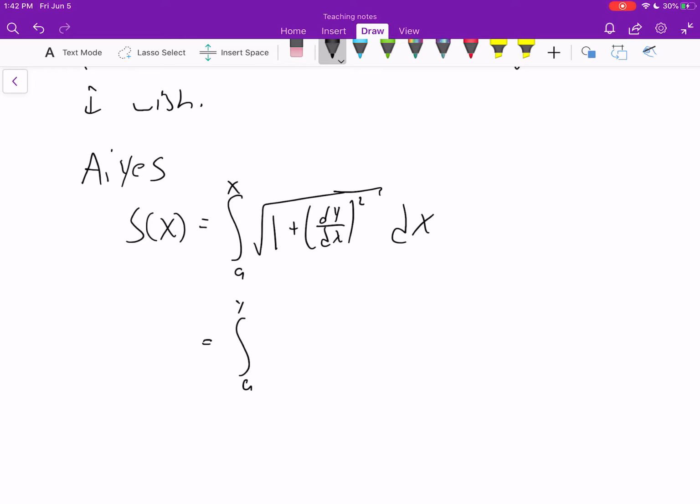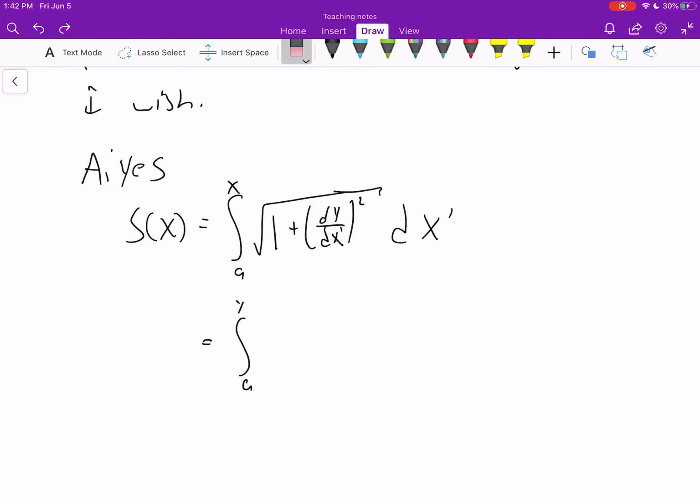Actually, sorry, so I want to be careful there. Let's do this. We're going to write this as dy/dx prime, dx prime. The reason I'm doing that is because you don't want this variable to be the same as that variable, because it's confusing notation.